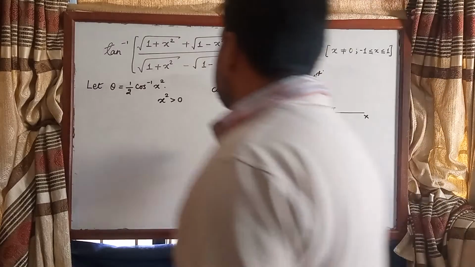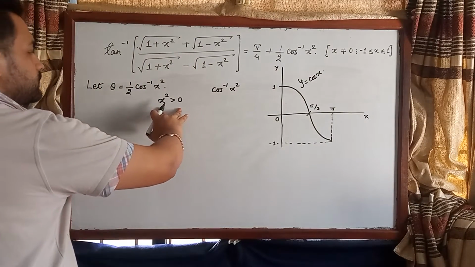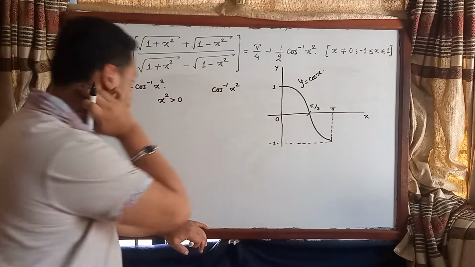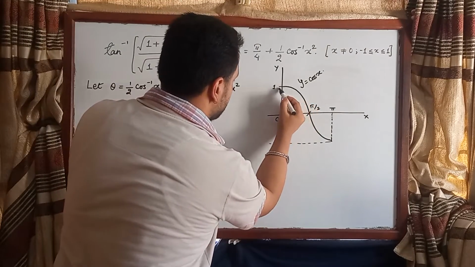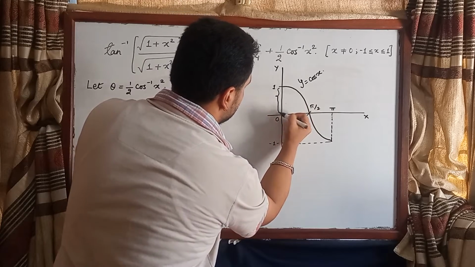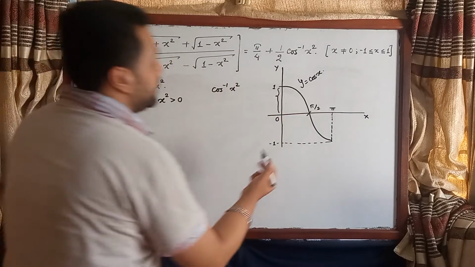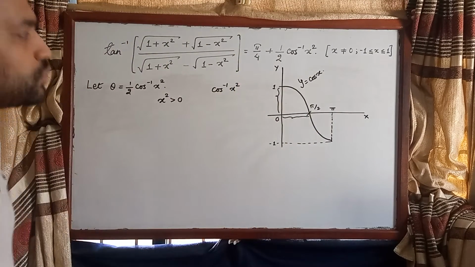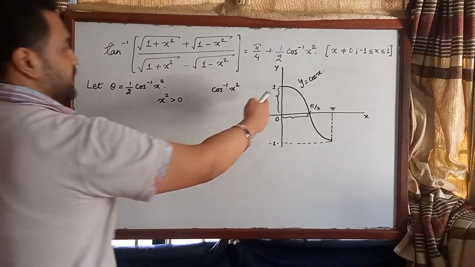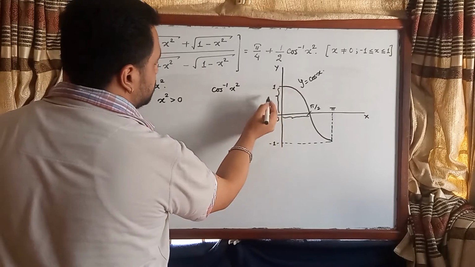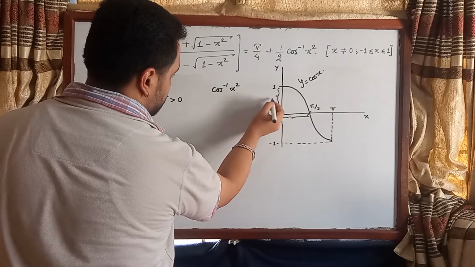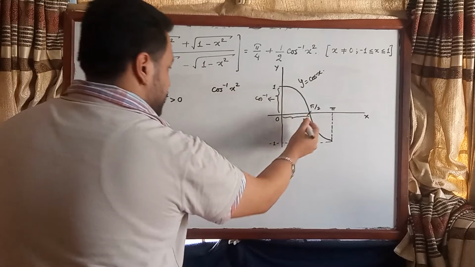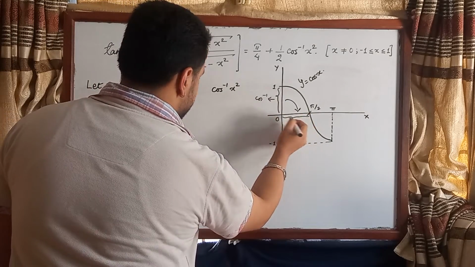Alright, now since x squared is greater than 0, cos inverse of anything greater than 0 must be between 0 and pi by 2, right? The inverse of any value greater than 0 must be between 0 and pi by 2.